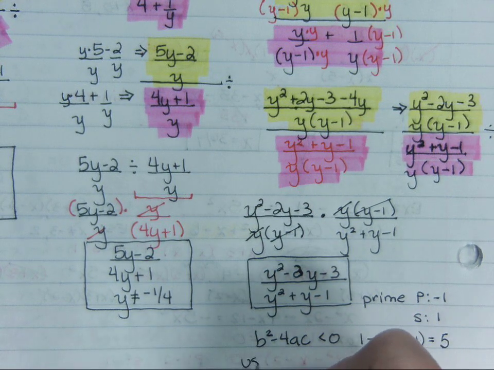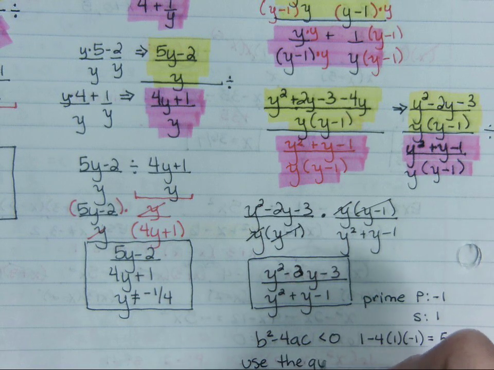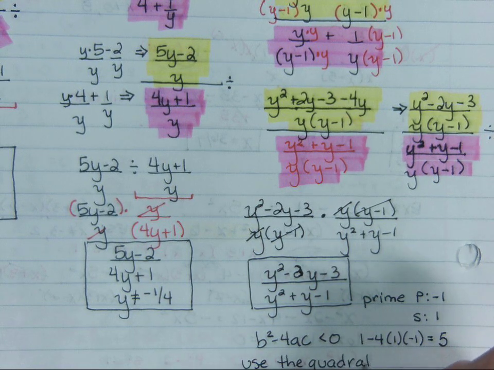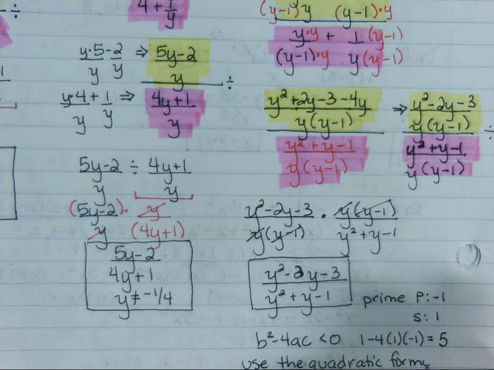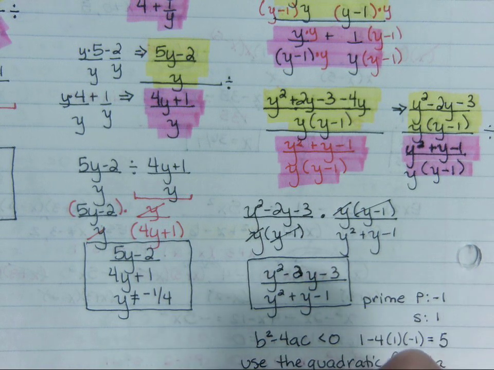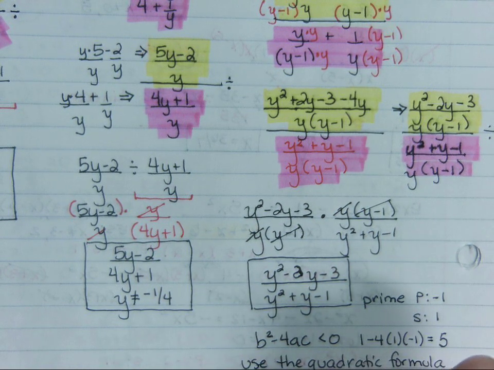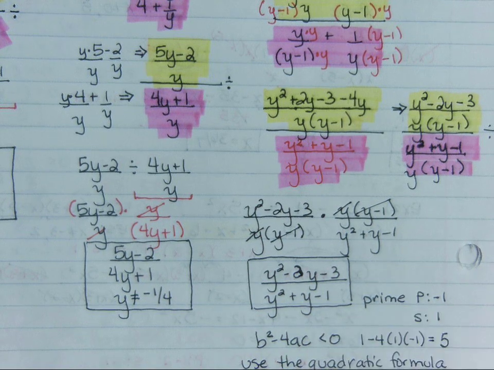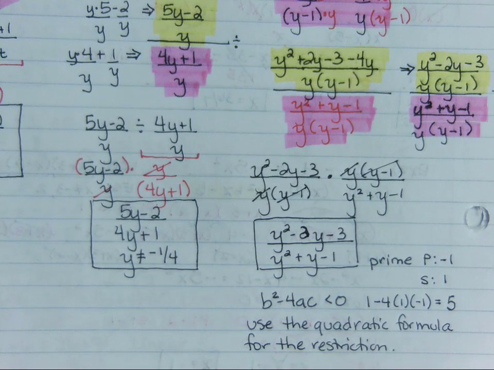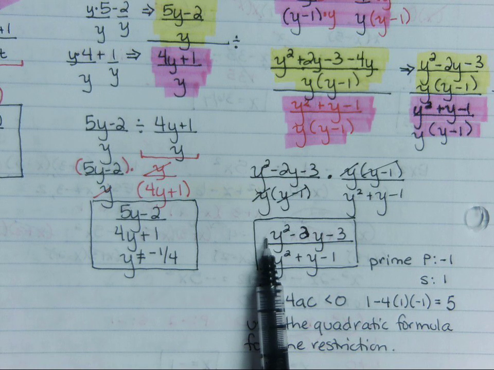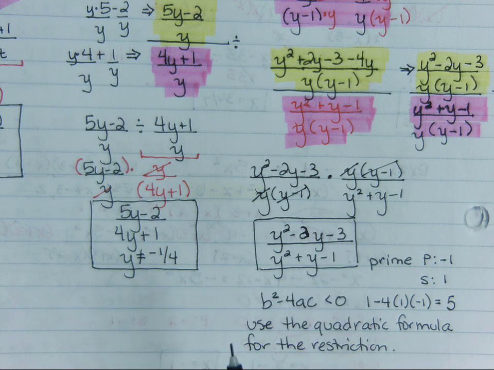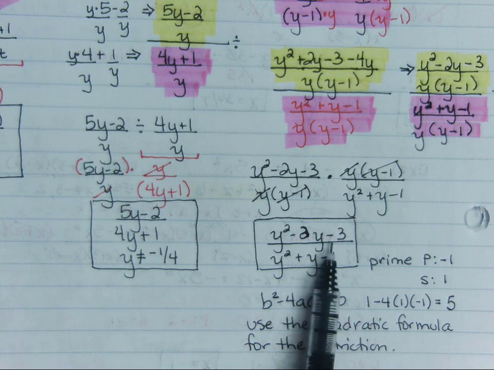So I'm going to have to use the quadratic formula to find a restriction. All right. And now, since we usually do not simplify complex fractions with radicals, such as 1 plus root 5, I'm actually not going to worry about this today. I'm going to leave my answer looking like this.